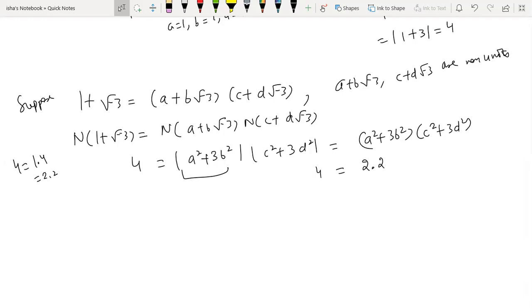So 4 is 2 into 2. It implies a square plus 3b square is 2 and c square plus 3d square is 2. Yes, so tell me, is it possible? Can you find a, b, c, d which satisfy this?